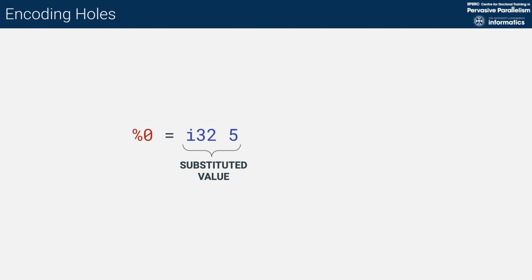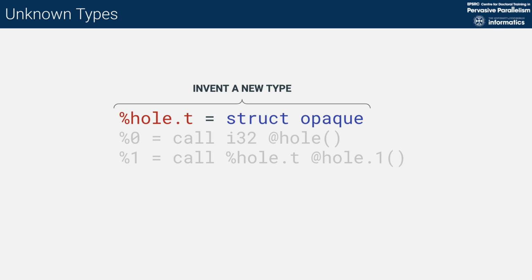This encoding works well for holes that have a statically known type when they're constructed. However, our second design goal was that holes shouldn't need to have a statically known type. We want to be able to specify holes whose type is unknown at the time they're constructed. To do this, we'll need to make a small change to this encoding. This change is just to invent a new type that represents an unknown type.